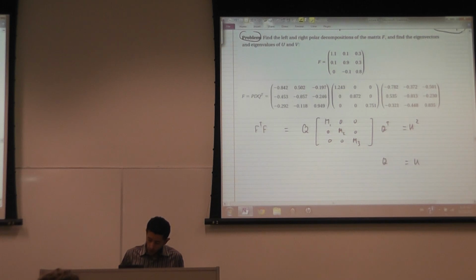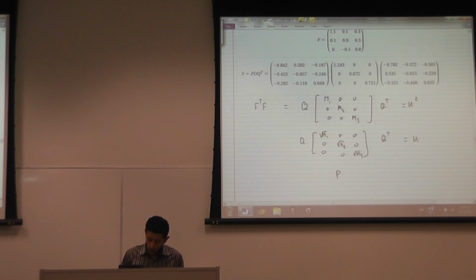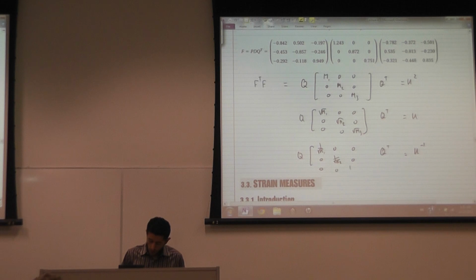U will be equal to Q, square root of M1, 0, 0, 0, square root of M2, 0, 0, 0, square root of M3, Q transpose. So this is your U. And U inverse is equal to Q, 1 over root M1, 1 over root M2, 1 over root M3, Q transpose, and then you can find R as equal to F U inverse.